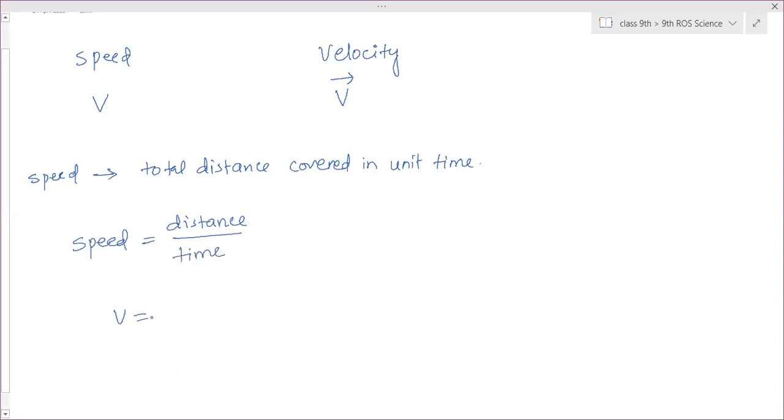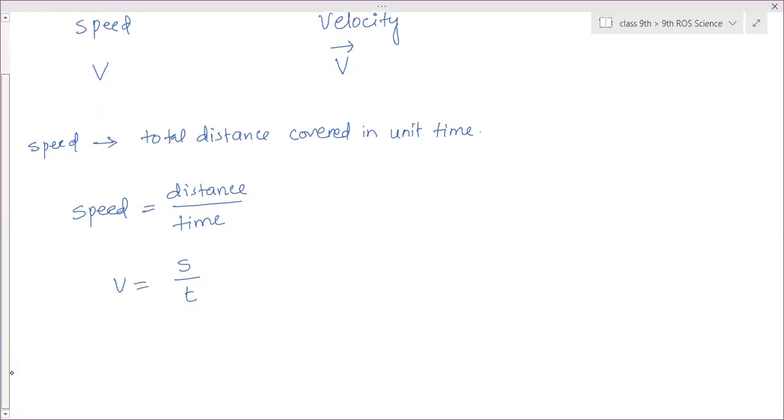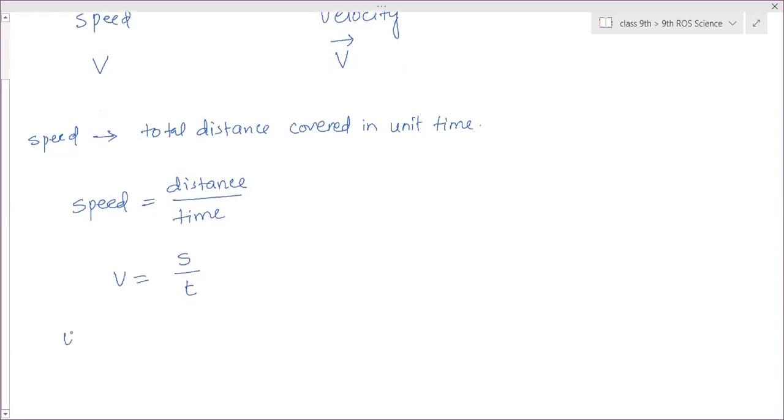Therefore, V is equal to S by T. This is the formula of speed. So the unit of V is equal to the unit of S, the distance covered, divided by the unit of T, the time.